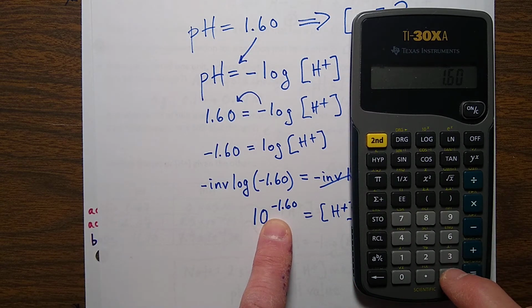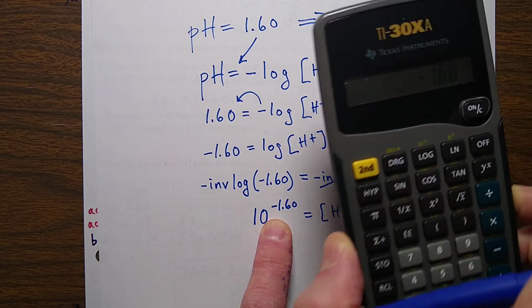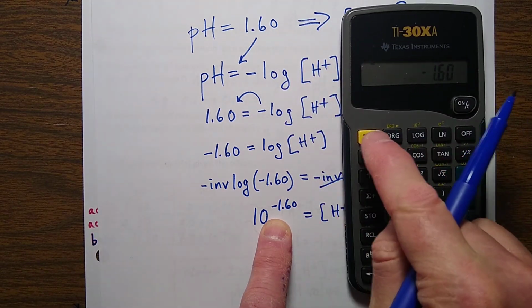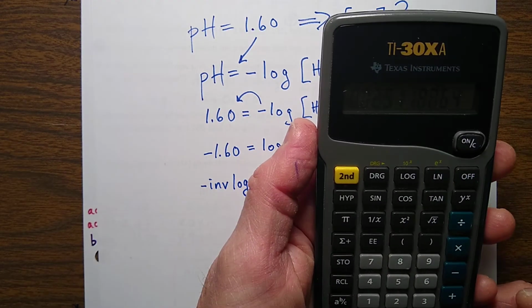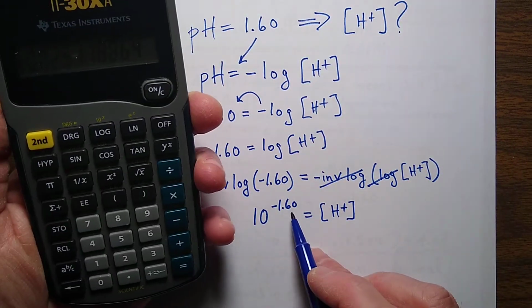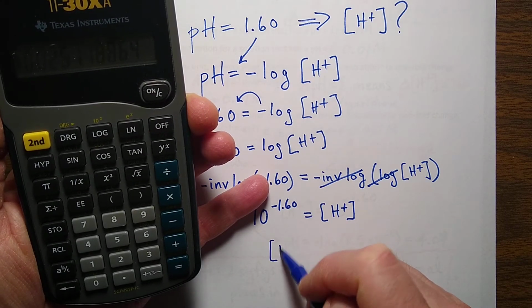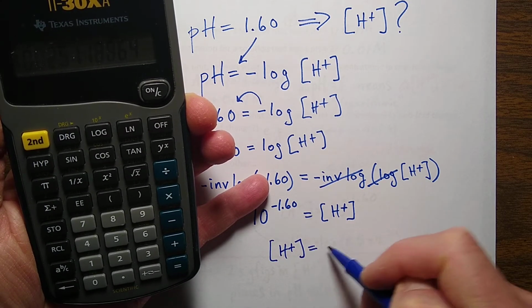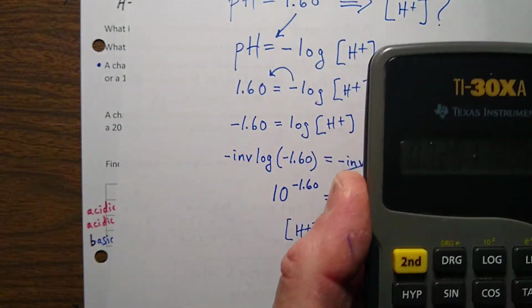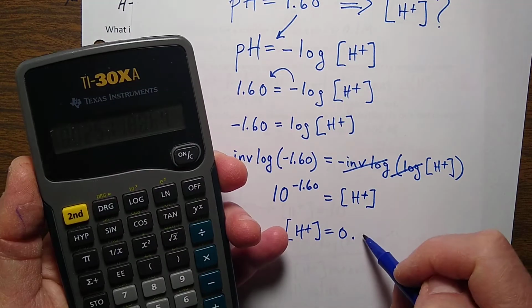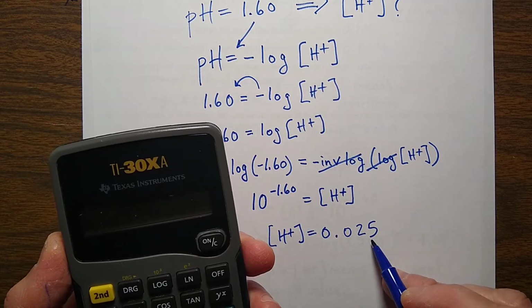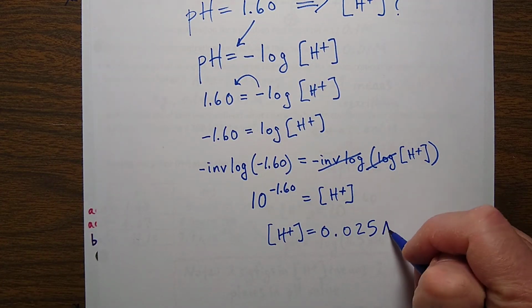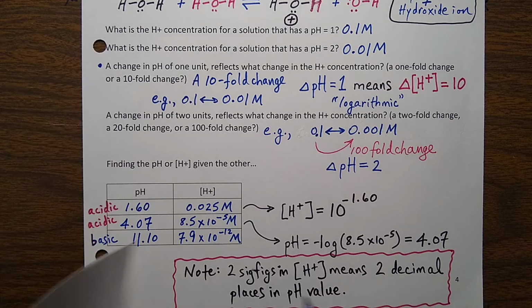I'm typing it as a negative, and then I press second log, and this number pops up with a bunch of digits, but it's essentially saying H plus is equal to 0.025. That's good enough, 2 sig figs at this point. So that's the molarity, and that's where that number comes from here, 0.025.